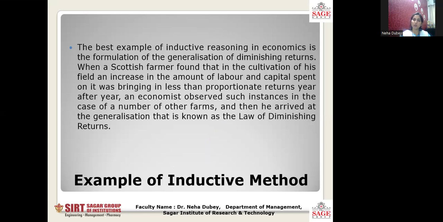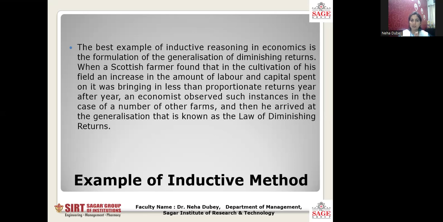I'm giving you two good examples to understand the inductive method and the deductive method, because for the BBA first year students, it is a little bit complicated study that is somehow based on the research methodology part of an MBA. So I am trying to give you a very simple version to understand the inductive and the deductive method.